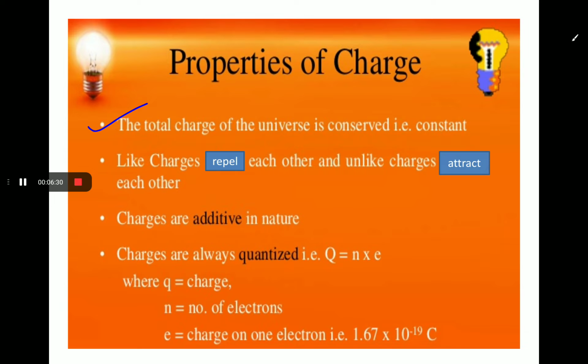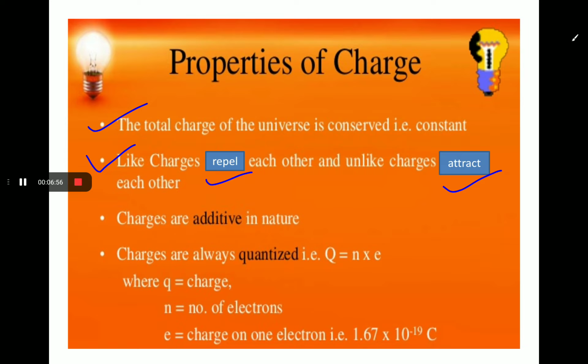It can only be transferred from one body to another body. So we can say that the net charge of the system will be zero, as electron and proton are of the same magnitude and opposite sign. The next point is that like charges repel each other and unlike charges attract each other. You all know it very well.